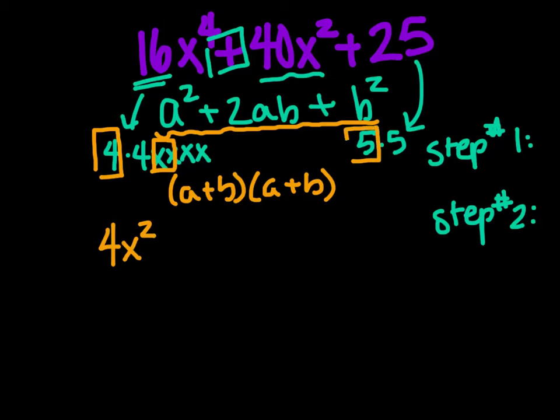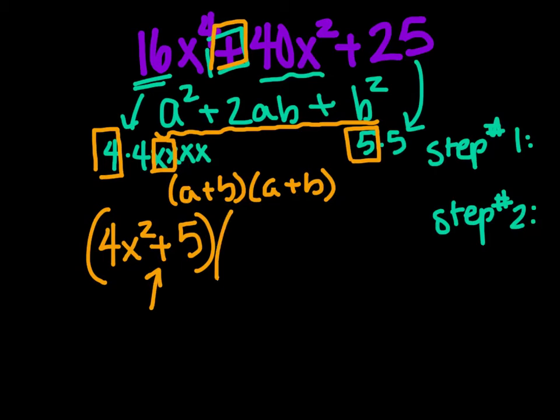I'm going to take one of these b terms and put that in parentheses. I'm going to put a plus sign here because there is a plus sign in my original equation. There's no minus sign. Then I'm going to take my other 4 and my other 2 x's, x squared, and my last plus 5.